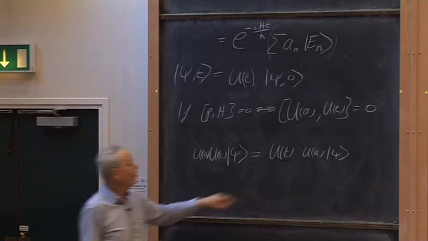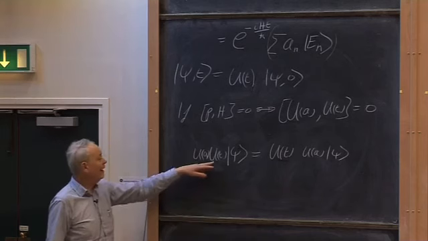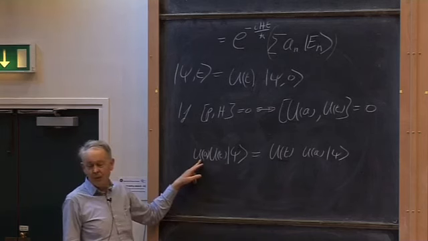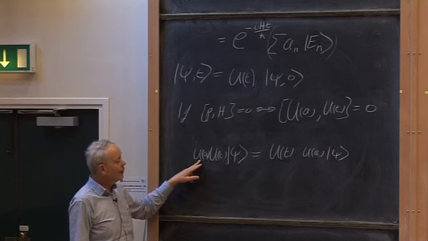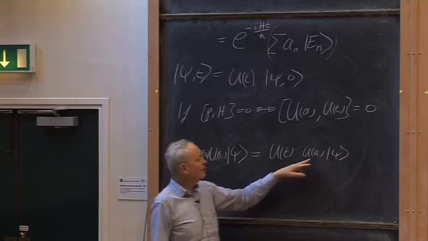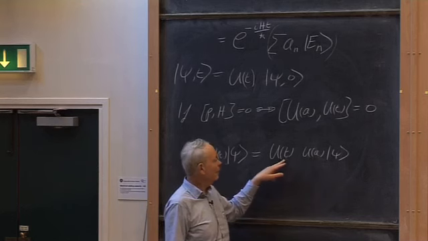It says that whether you let it evolve here and then move it to where you want to have it, that will give you the same results as if you move it now and let it evolve over there.